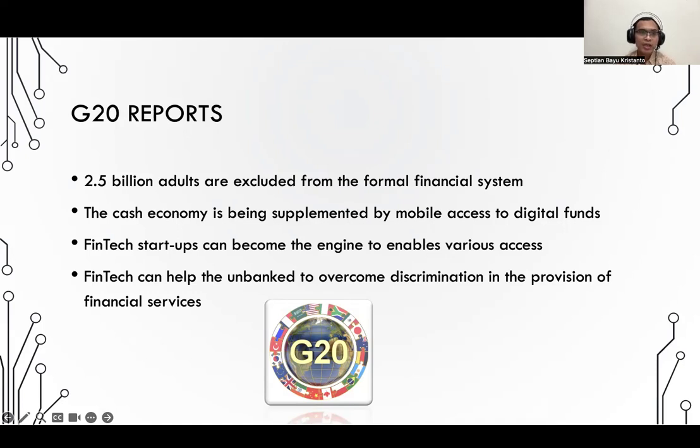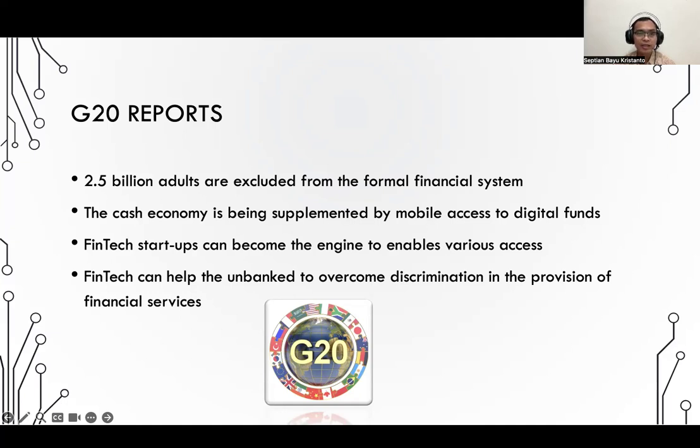The growth of the financial technology industry, or fintech industry, will help unbanked people overcome discrimination in financial services. As we know, unbanked people cannot access financial services provided or offered by banks, because they have low income.